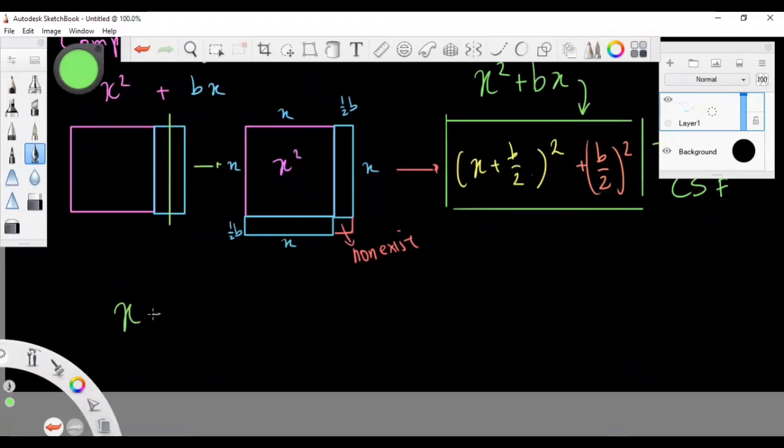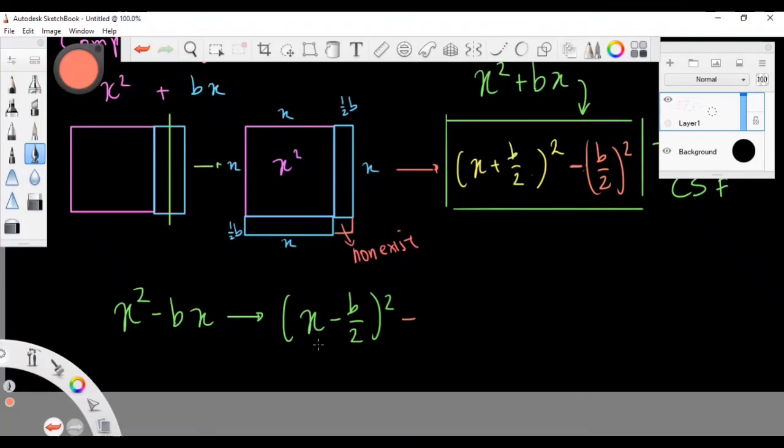So if I have x squared minus bx, you can just change the positive to the negative. So x minus b over 2 bracket square. And okay, I did something wrong here. This is not plus, this is minus. Okay, and subtract with, again, the subtraction is unchanged.